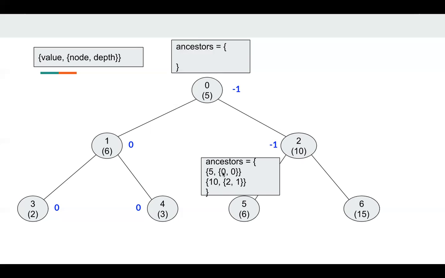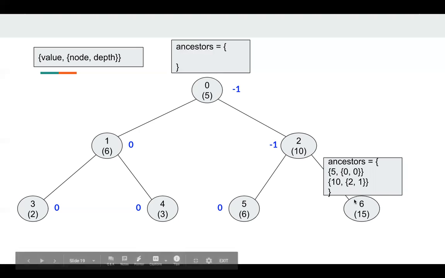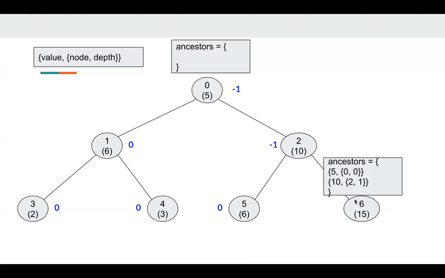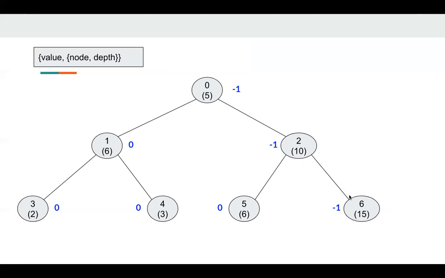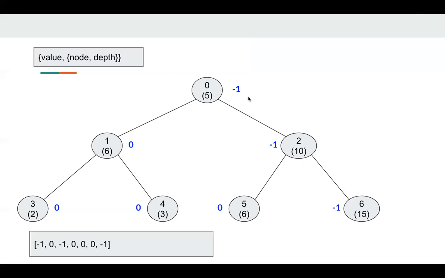So node number 0 is also the answer. Okay, for this node, we know 15 is not coprime with 5 or 10, so -1. Okay, now we can get the answer. The answer is -1, 10, 0, -1, 0, 0, 0, -1.